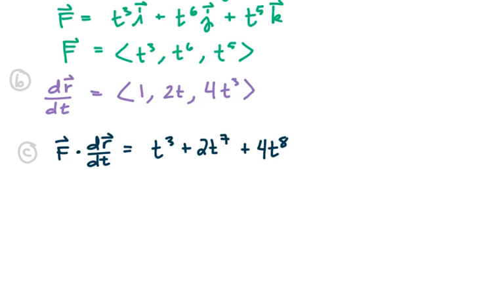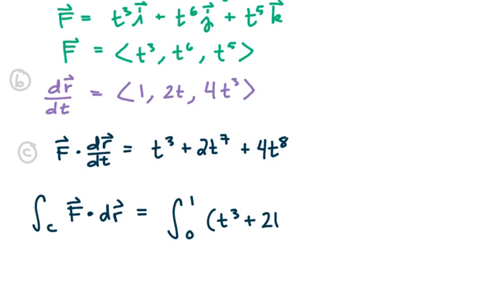So we can interpret this as the line integral along the path C of F dotted with dr, or rather the integral from t equals 0 to t equals 1 of t cubed plus 2t to the 7th plus 4t to the 8th dt by our definition. And this is very easy for us to integrate.